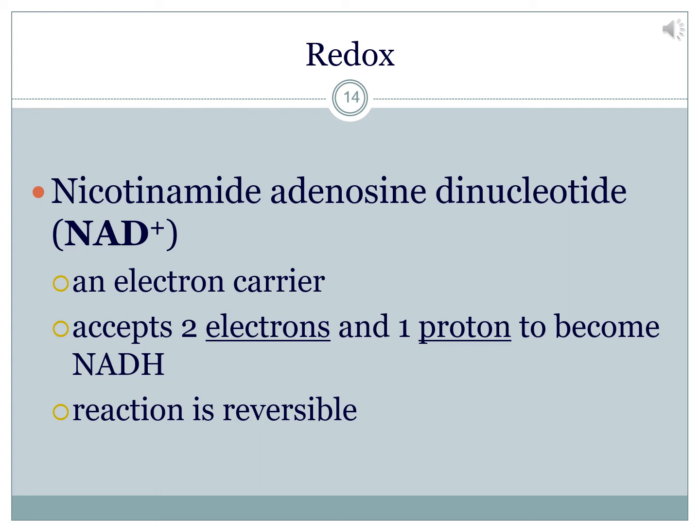Nicotinamide adenine dinucleotide, or NAD+, is an electron carrier. It is a cofactor that helps enzymes catalyze redox reactions involving an energy-rich substrate. NAD+ accepts 2 electrons and 1 proton to become NADH, and this is a reversible reaction.